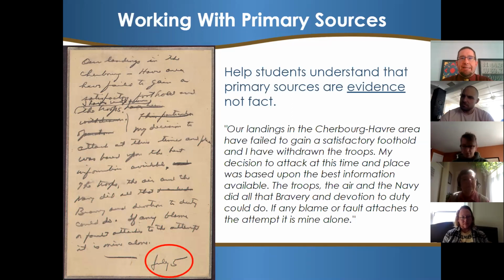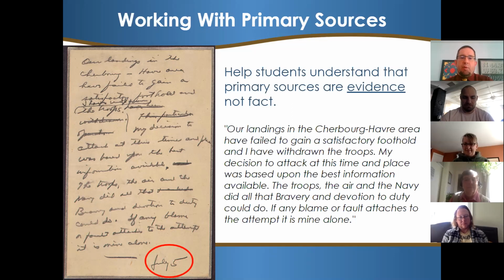If a student gets a hold of this, they would have to assume that D-Day failed. The sourcing is correct, it's the right year, although ironically enough, he dated it wrong. He dated it July 5th, not June 5th. I guess he had a lot on his mind that day. But the author's correct, the sourcing, the information's correct. So then do we have to assume that it failed?